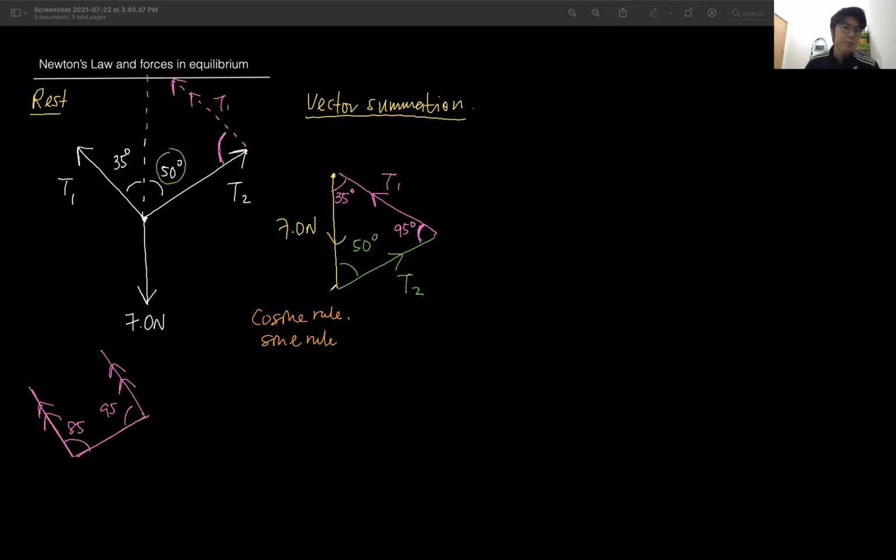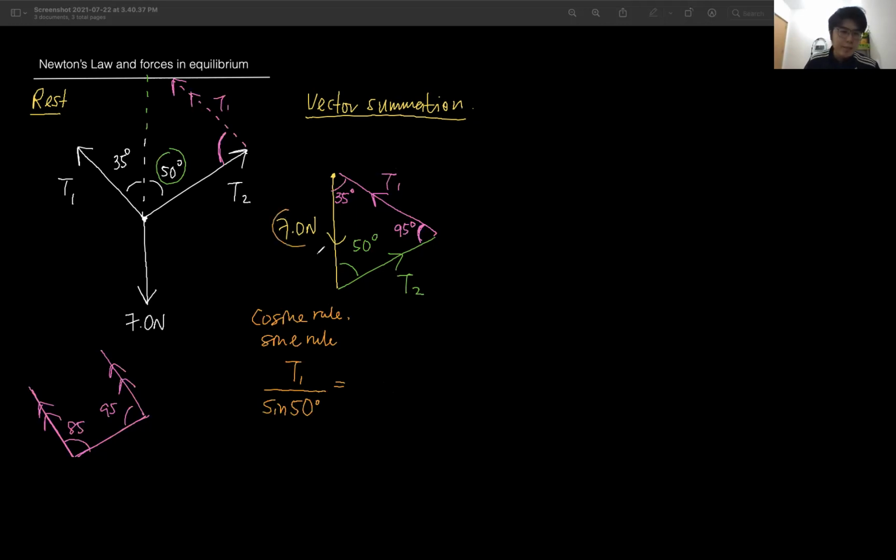So the sine rule, how do I use it? First, I find T1. T1 over sine of the opposite angle. This side's opposite angle is 50. So sine 50 equals to, I cannot take T2 because if I take T2, then I get two unknowns.